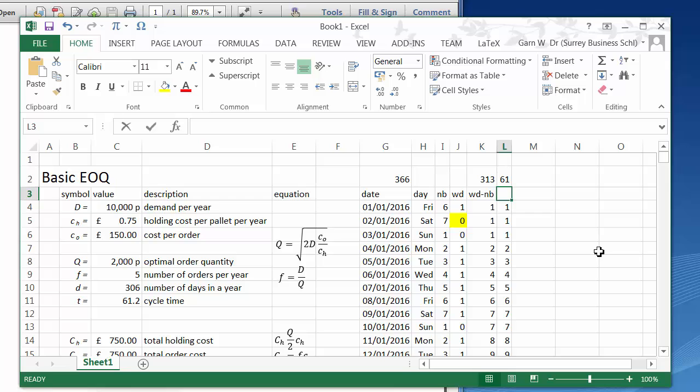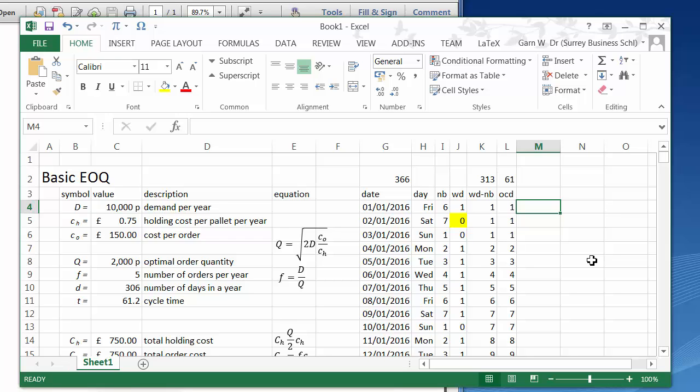Okay, so the order cycle day. Now we need to identify when we order. Okay. When exactly do we order? When the first day occurs.